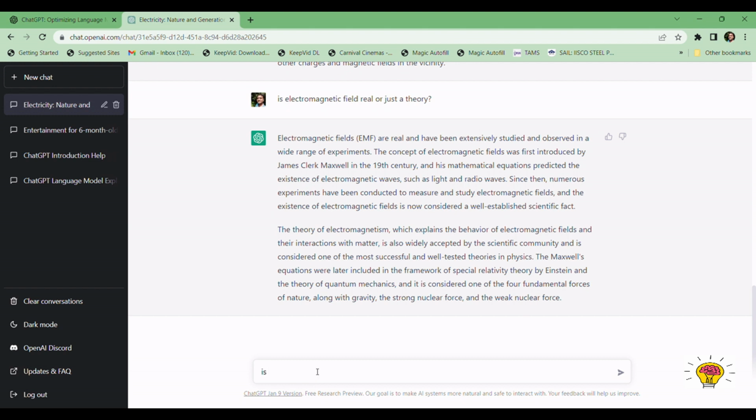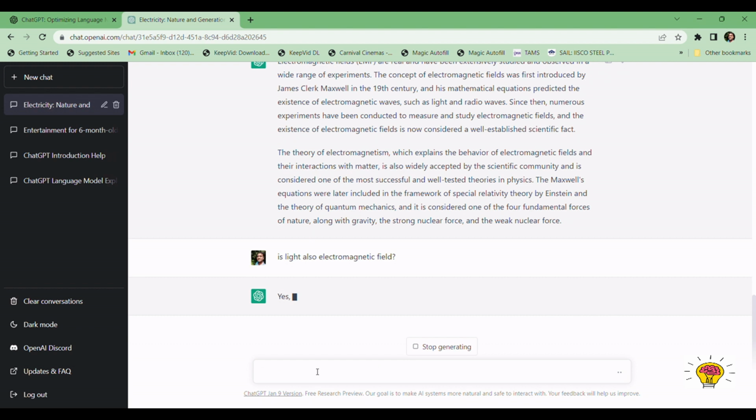Is light also electromagnetic? Light is also an electromagnetic wave, an electromagnetic field. Yes, light is an electromagnetic field.